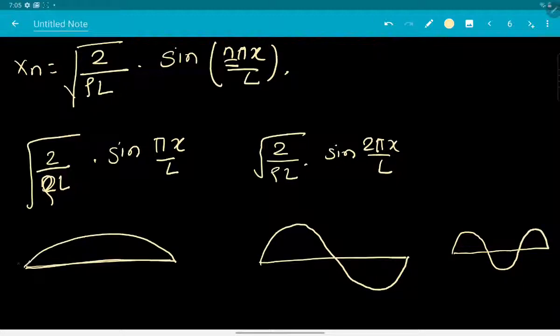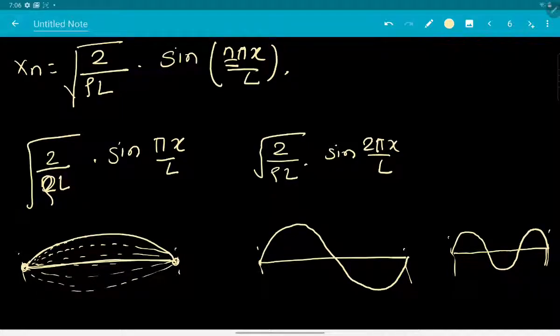You will be able to appreciate that all these mode shapes are satisfying the boundary conditions individually. As time changes, only the multiplier to this is going to change. So it is going to change into a new shape, which will be the same shape but multiplied by a constant value.